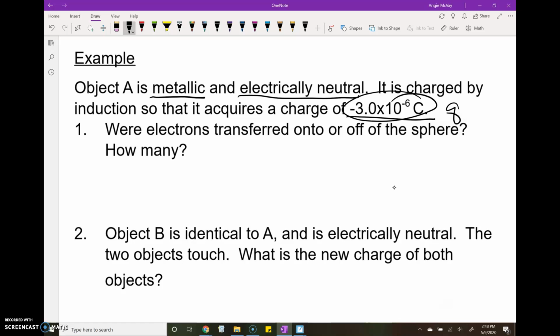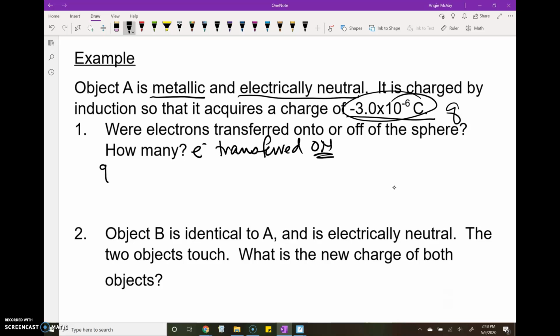It was given a negative charge. That means electrons were transferred on.